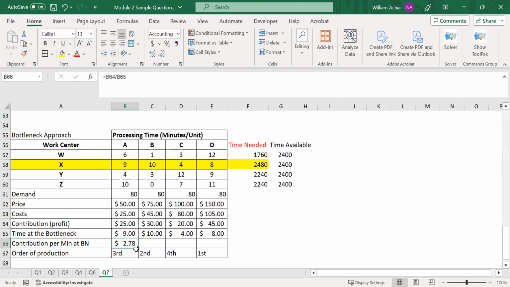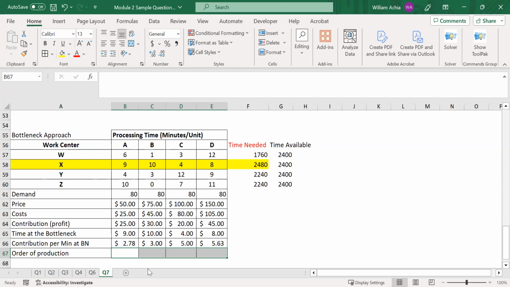Okay, I get $2.78. For B, it's $3. And then $5 for C. And for D, we have $5.63.